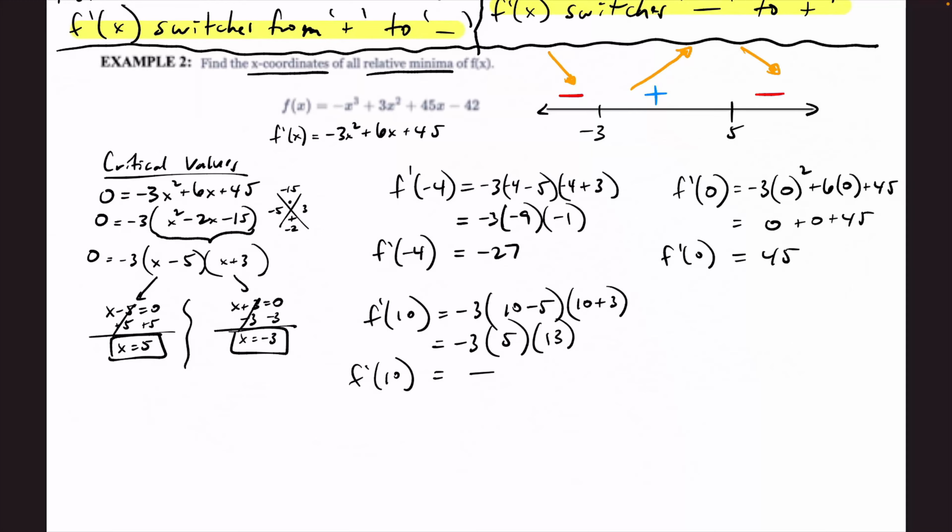So when we do that, we create a relative minimum at x equals what? Where is a minimum created? Relative minimum. -3. -3, right?